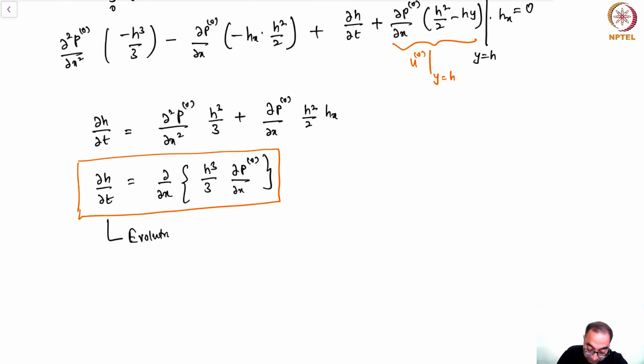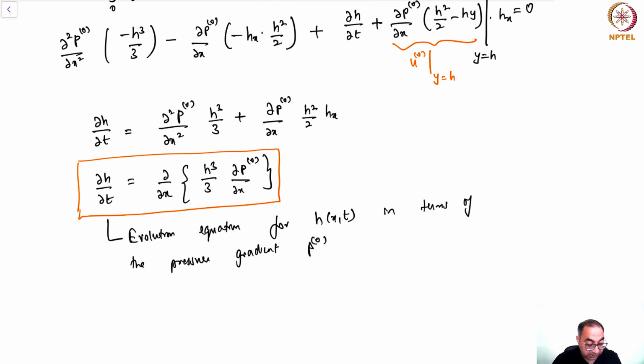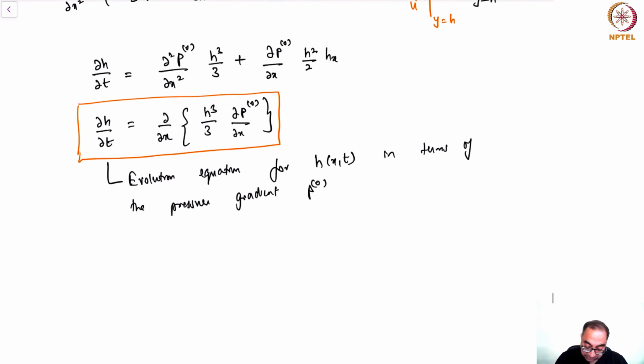This is the evolution equation for h of x comma t in terms of the pressure gradient of p0, right? Now, have we already got this expression p0? The answer is yes, we've already got this expression p0.